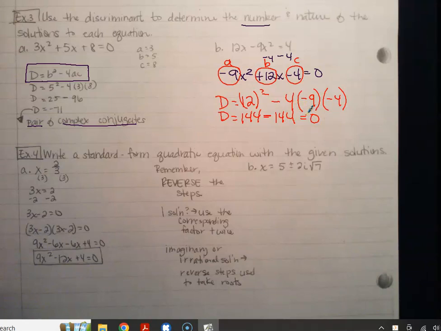What does that tell us? If you look back at the front chart, when D equals 0, what does that mean? Good, we're going to have one rational solution. Excellent.